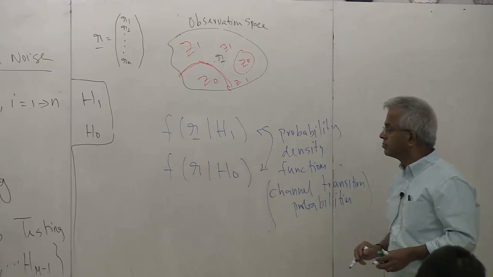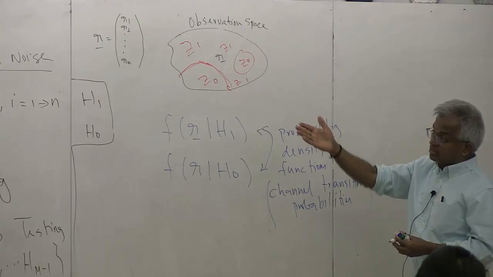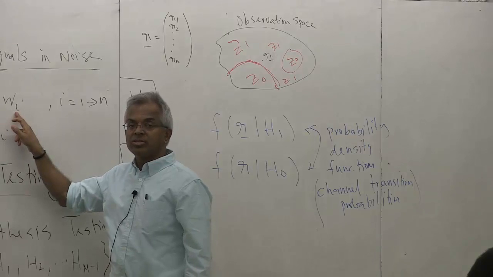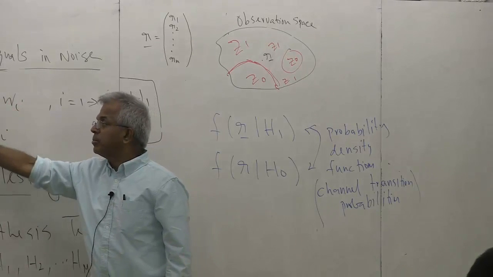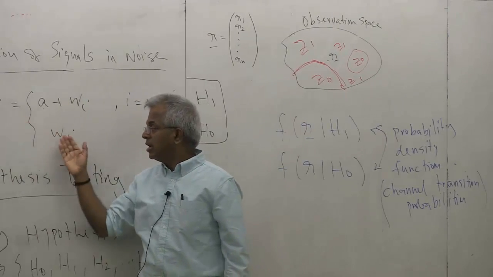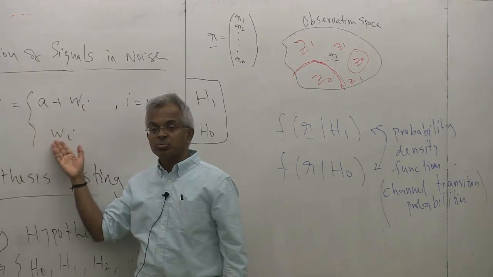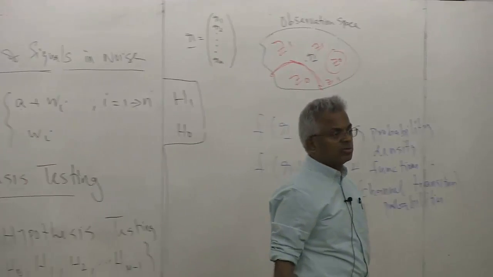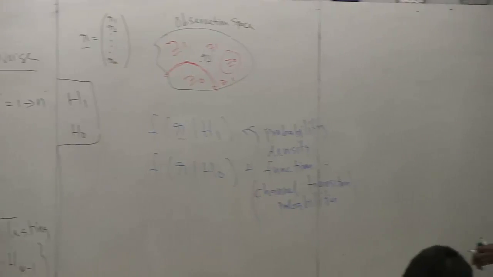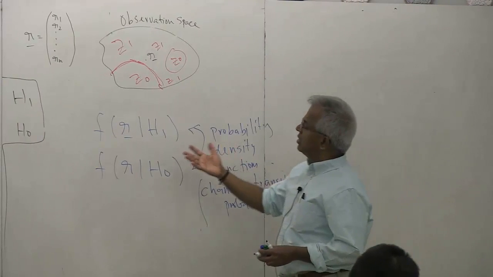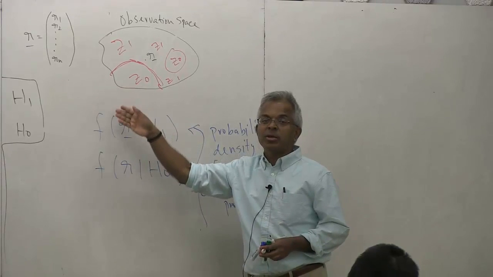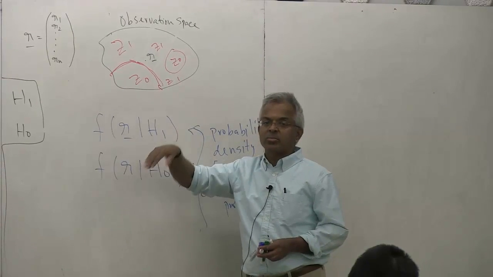And as I said here, if this is random, if this is Gaussian, Gaussian plus Gaussian is Gaussian with certain parameters. So all these R_i under the hypothesis 1 are Gaussian, with certain parameters. Here it is just because of the noise, so let's say it is also Gaussian with some other parameters. So generally these things will be either known, or you need to figure out from the problem, or sometimes even this may have to be estimated. So estimation within estimation.